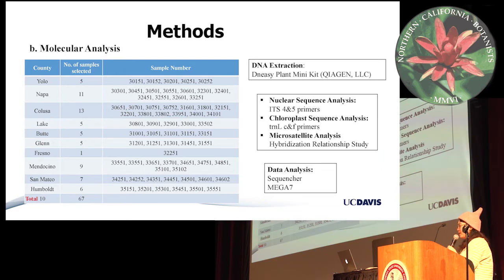We did several different molecular analyses. We got a bunch of results for the nuclear sequence analysis using the ITS primers for amplification. We only got some preliminary data for the chloroplast sequence analysis using trnL primers. We didn't get any results for microsatellite analysis for now. It's still in progress, but we are hoping that it could provide more proof for our hybridization hypothesis.